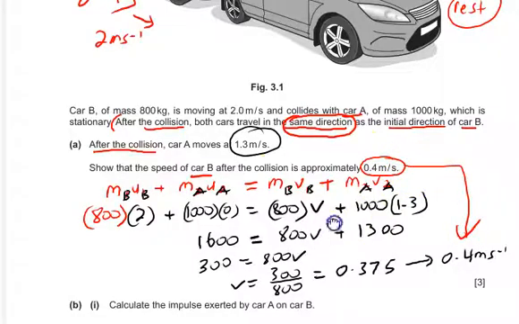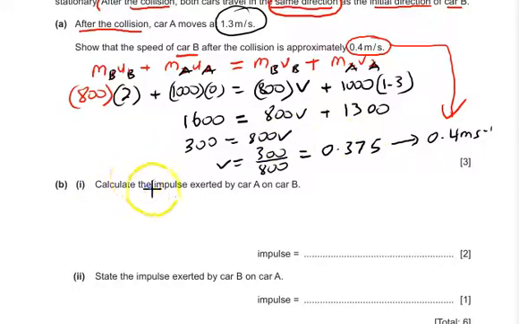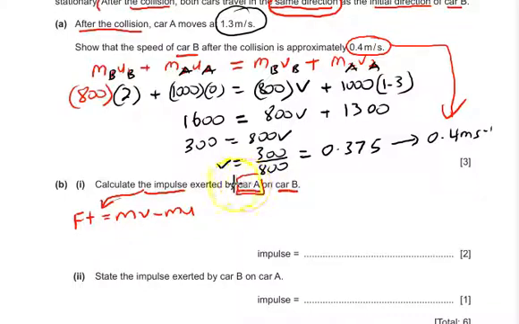Now this is the momentum. Calculate the impulse exerted by car A on B. As you know, you can get this impulse from this formula, mv minus mu. Exerted by car A, so what is the final velocity of car A?